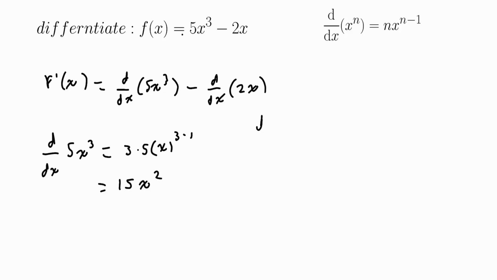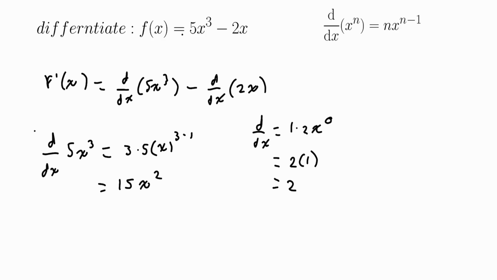The derivative of 2x is going to be equal, well, we have a power of 1 on the x. So if we bring it down, it's just 1 times 2. And then we subtract 1 off the power. So 1 minus 1 is 0, so it's x to the 0. So we're left with 2 times x to the 0, and x to the 0 is just equal to 1. So we're left with 2.